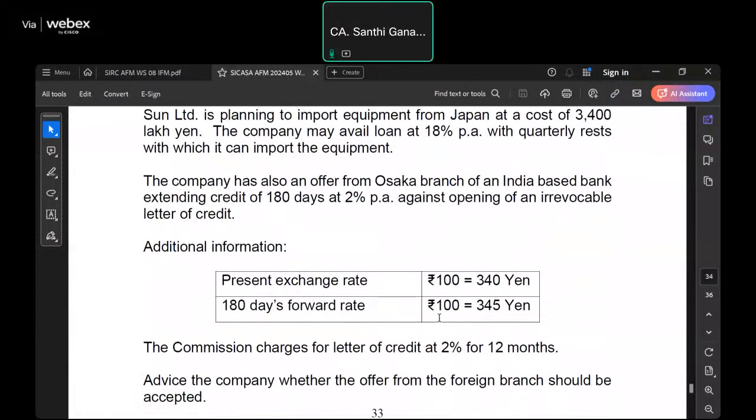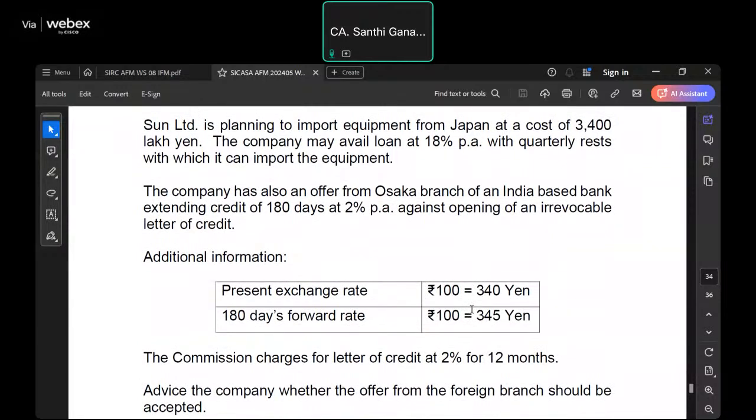Advise the company whether the offer from the foreign branch should be accepted. So Sun Limited is planning to import equipment from Japan. The cost is given as 3,400 lakh yen. It can avail a loan at 18% with quarterly rests.